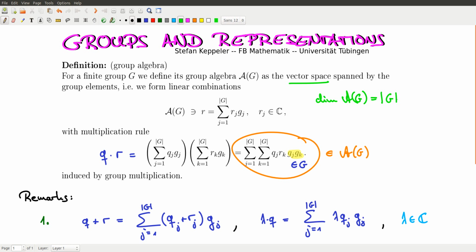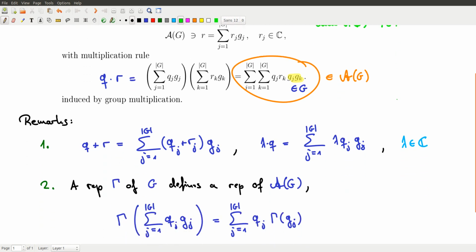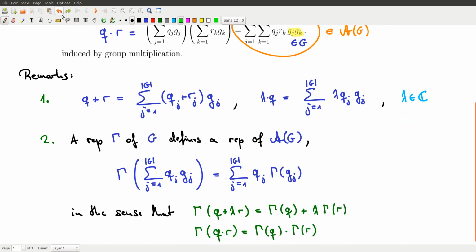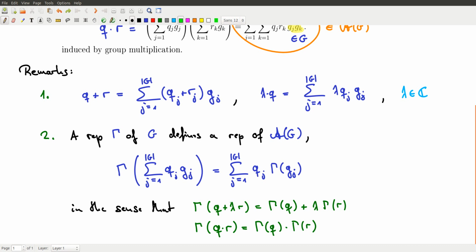Now there's one more remark I want to make. If we have a representation of the group gamma here, then this also defines a representation of the group algebra in the following way. We say gamma of a group algebra element is just a linear combination of the representation matrices of the group elements, and this is a representation of the algebra in the sense that now we have these rules here for addition or linear combinations of group algebra elements and products.